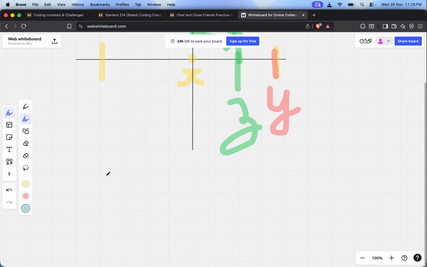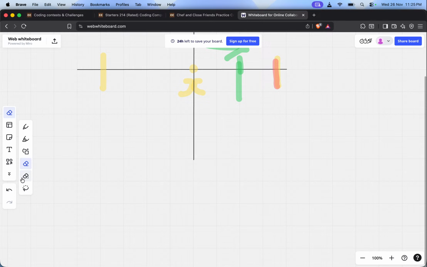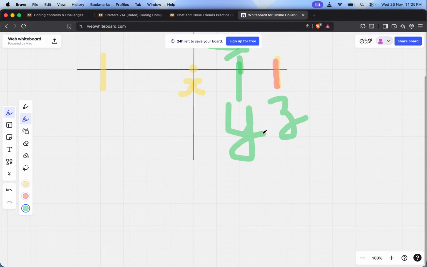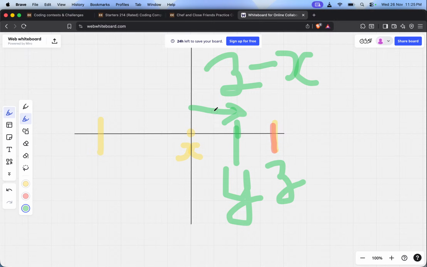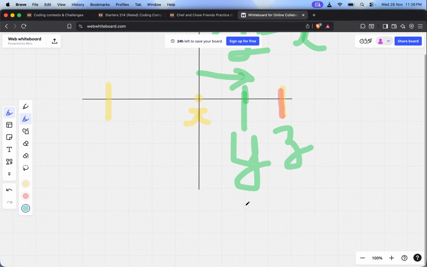Alright. Now what about the other case? What if this was z and this was y? So Chef had friends up till y. So what is the maximum number of friends he can visit? It's obviously y minus x.